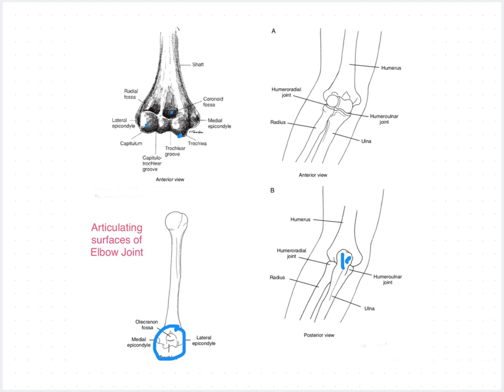Okay, so these are all the articulating surfaces present on the distal shaft of the humerus, on the anterior as well as the posterior aspect. So what are the articulating surfaces? In the humero-ulnar joint, the articulating surface is the trochlea, whereas in the humero-radial joint, the articulating surface is the capitulum.